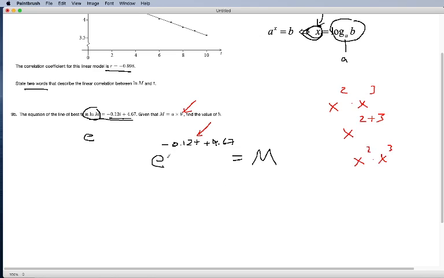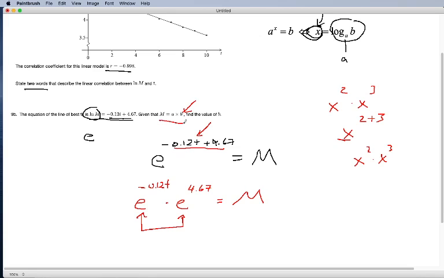So what I'm going to do is, it doesn't matter, it's my base, and I'm going to separate it so I have e to the 0.12 t times e to the 4.67, and that's equal to my m. So as you can see, if you multiply these 2 e's with the same base, you add the exponents, which is this. So we've pulled them apart.